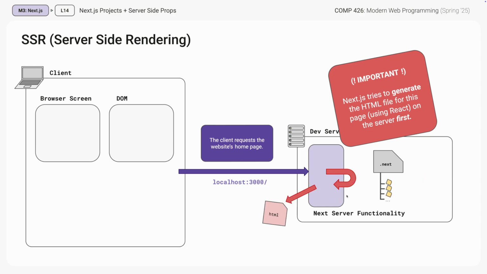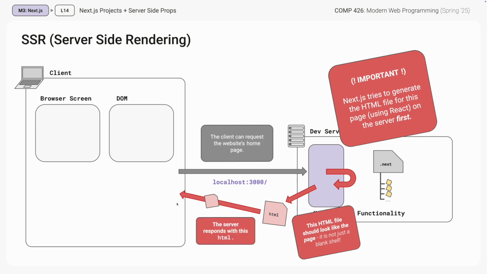And so what ends up happening then is we're going to get an HTML file out that's not just a blank page. Rather than being this blank shell of an HTML file, we're actually going to have an HTML file that looks like what we want our page to look like, based off of the React component that we defined.